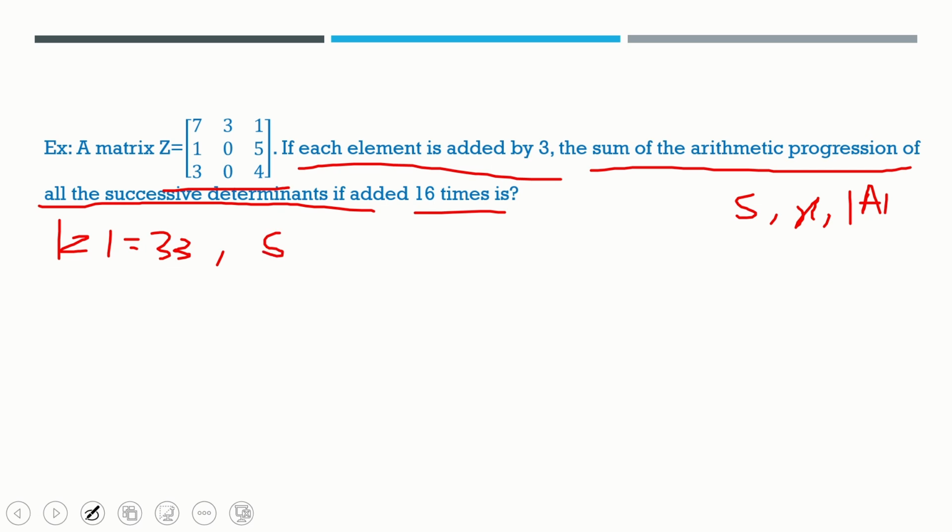If you calculate S in the same way, you will get 11. Okay, and here your x is 3. So I put the values in the formula, and here also n is equal to 16.